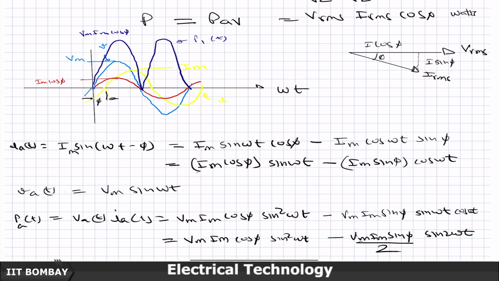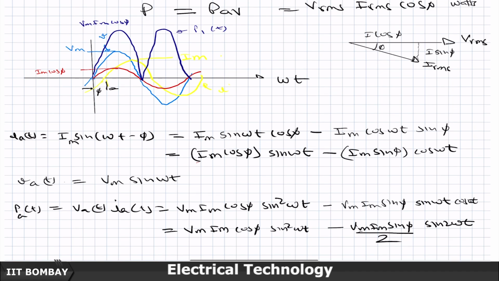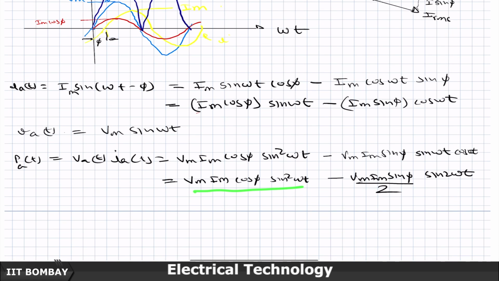Why is it a double frequency waveform? Because this is where it completes its cycle and then it starts repeating itself. But this is one time period of the fundamental frequency. This is only T by 2. So, one cycle is completed in T by 2, meaning it repeats twice in every cycle. Therefore, it becomes a double frequency waveform, and it is always dissipative.